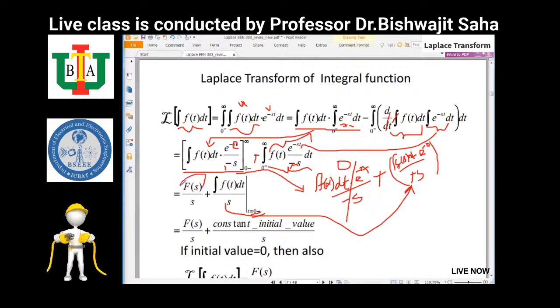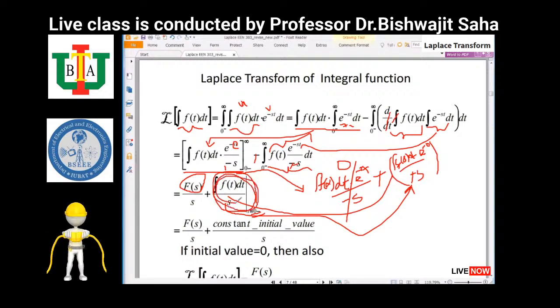So capital F of s divided by s, plus from there it becomes this integration f dt at limit 0. And this part is called the initial constant value.